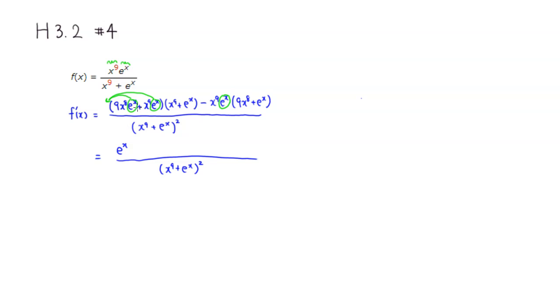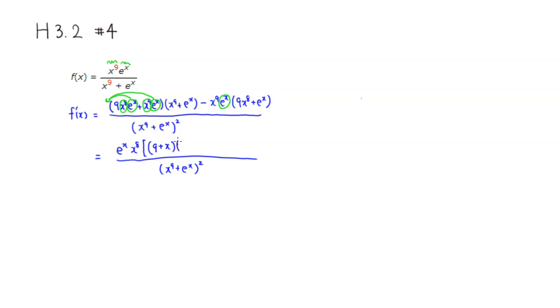You can see that every term here has at least x to the 8th in it, and here we have x to the 8th. So I'm going to also pull out the x to the 8th power. Let's see what's left over. We pulled out x to the 8th power from here and e to the x, so you have a 9 left over. And if you pull out the e to the x and the e to the x, there's going to be another x left over, so plus x.